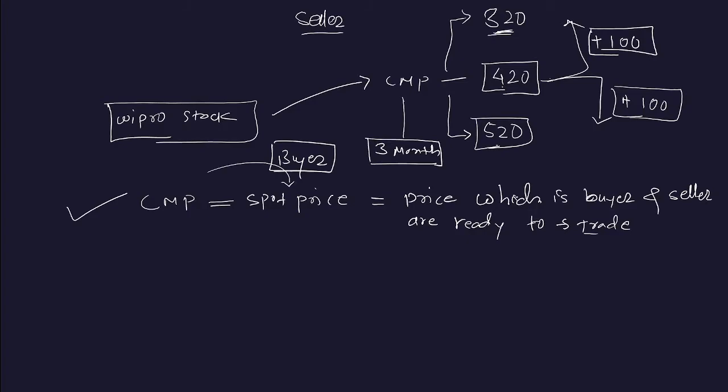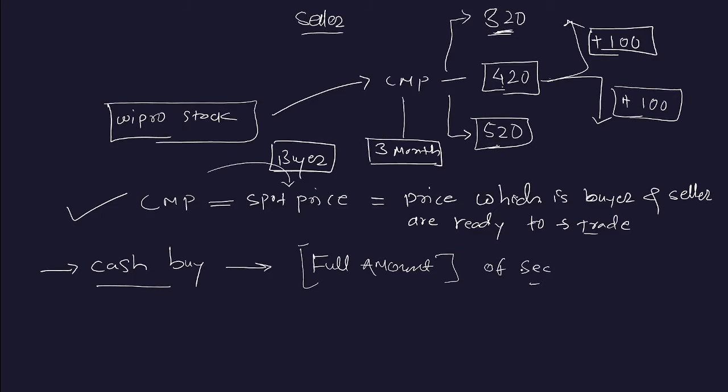Counterparty. So let's say, see, there are different types of buying security. Cash buy. Cash buy means you will have to pay the full amount of the security if you want to buy it.